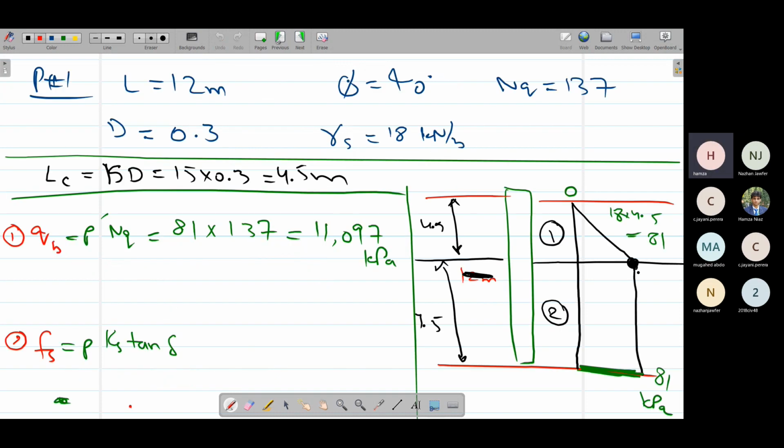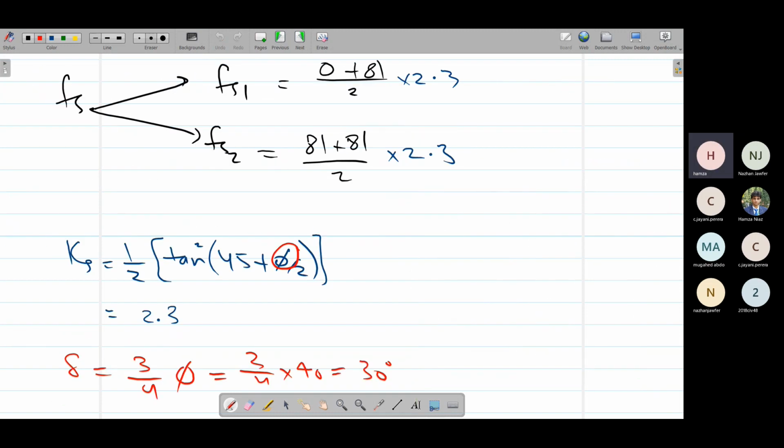So this way we get tan delta, which is tan 30 degrees. This way we can get the shaft resistance for both layers. For example, I am assuming these values: it is 23, and it is like 115 kPa.